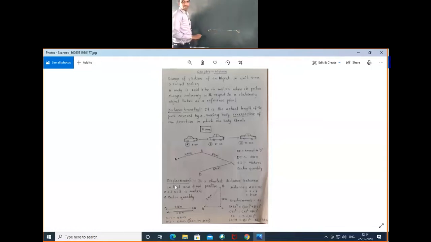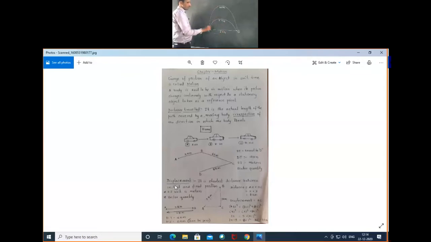So AB is a place A, place B. Understood? A person can travel from A to B like this also. So this path is taking 10 kilometers, this path is taking 5 kilometers, and this path is taking 2 kilometers.